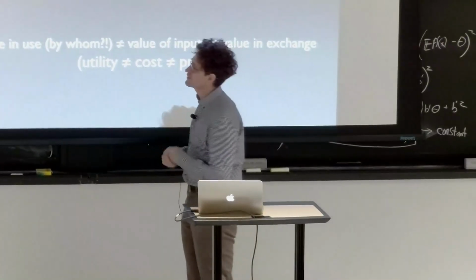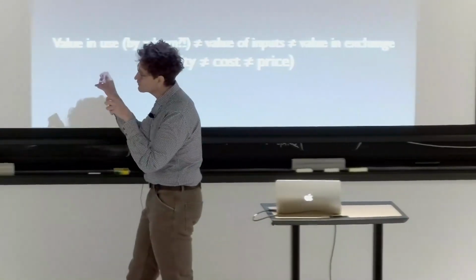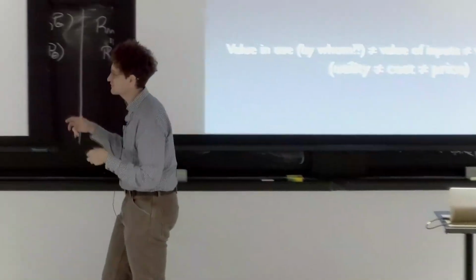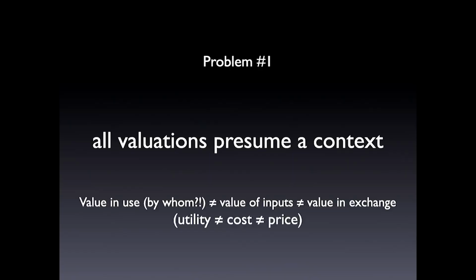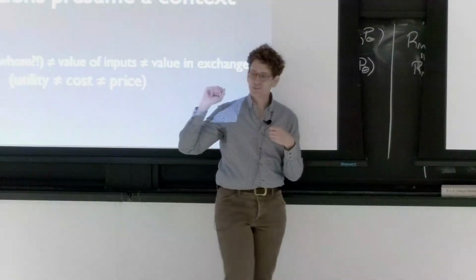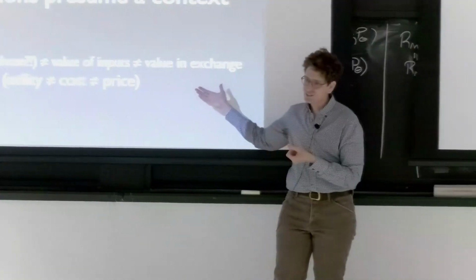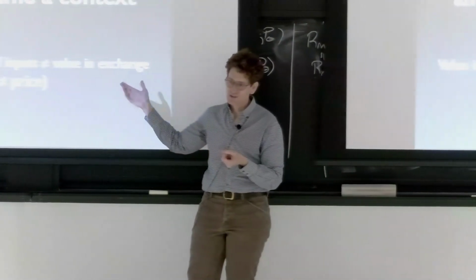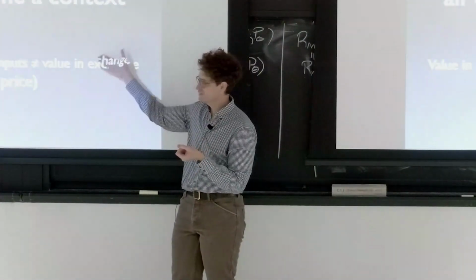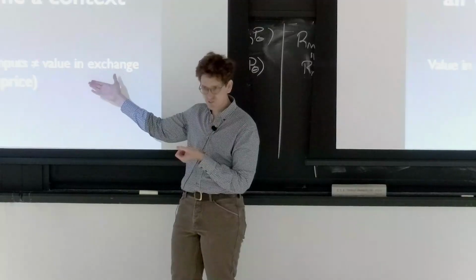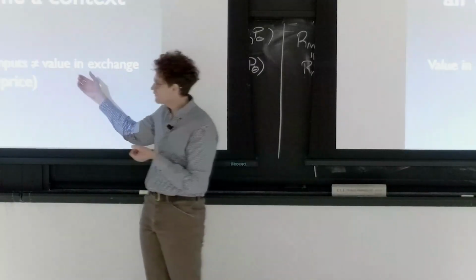So the key thing is to understand that all valuations presume some kind of context. The value in use, and by whom, is not the same thing as the value of the inputs needed to make the product. It's not the same thing as the value in trade when you exchange it. The price of something is the price in trade, which is not what it costs to make.